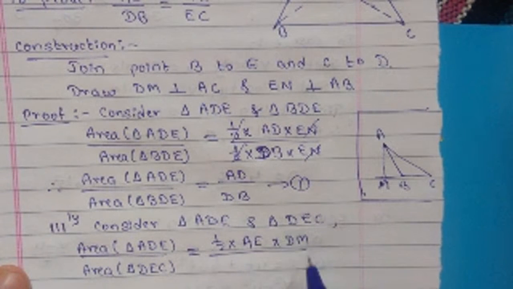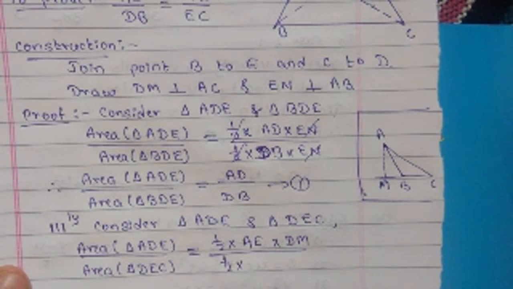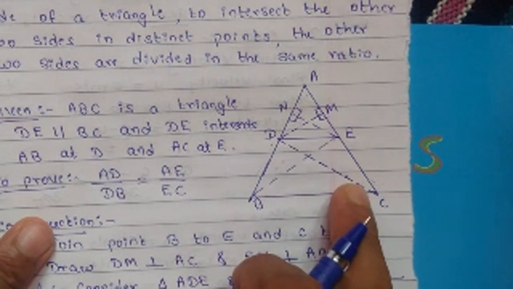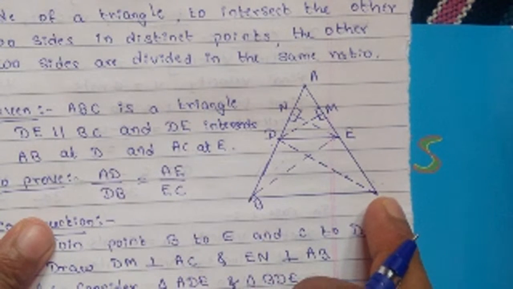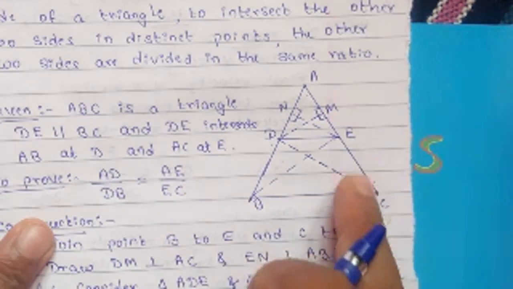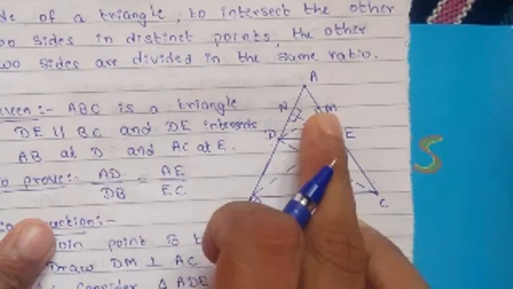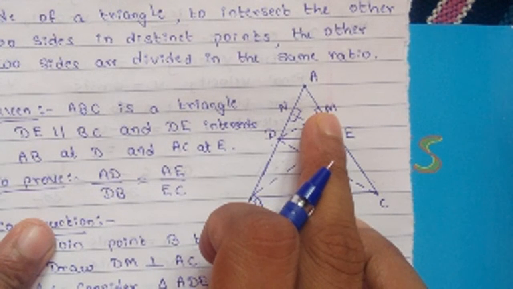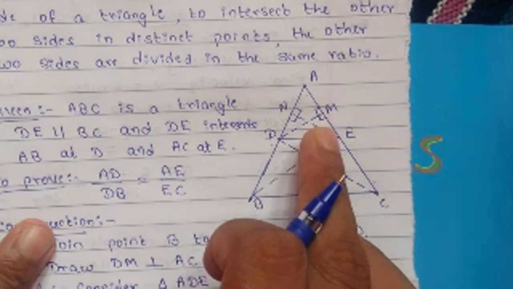Divided by, next for the lower triangle again half into DEC, half into base is EC or CE, but here we consider EC, therefore I will consider EC, and height. This is again an obtuse angle triangle, this is the upper point. From this I have to draw one perpendicular line, and we consider that as the height of this triangle. So the height is here DM.